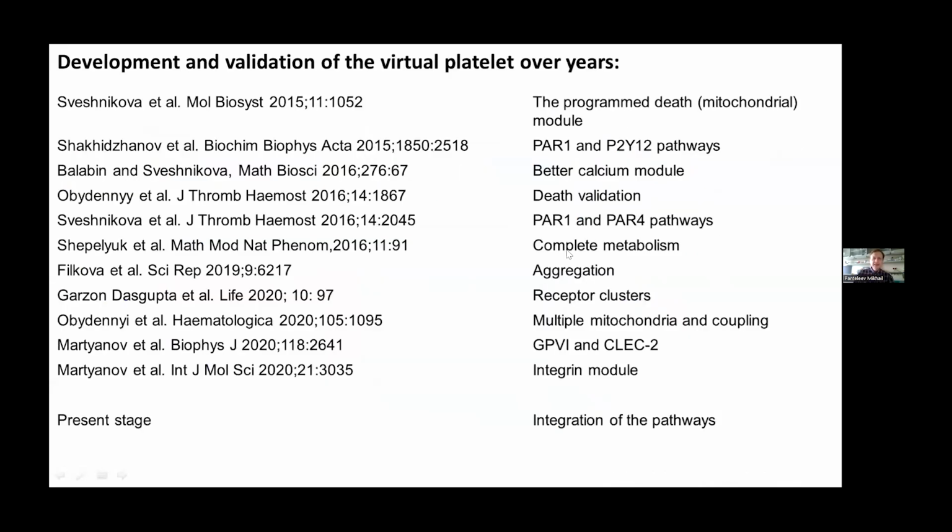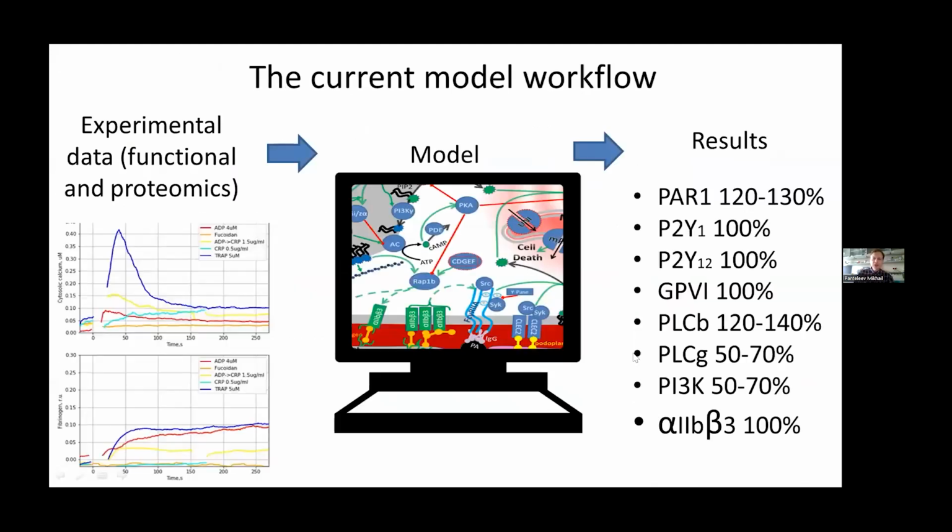This is the line of the model development. By the present time, we have a more or less complete virtual platelet that can now be trained for personalized patients in order to predict their responses to therapy.